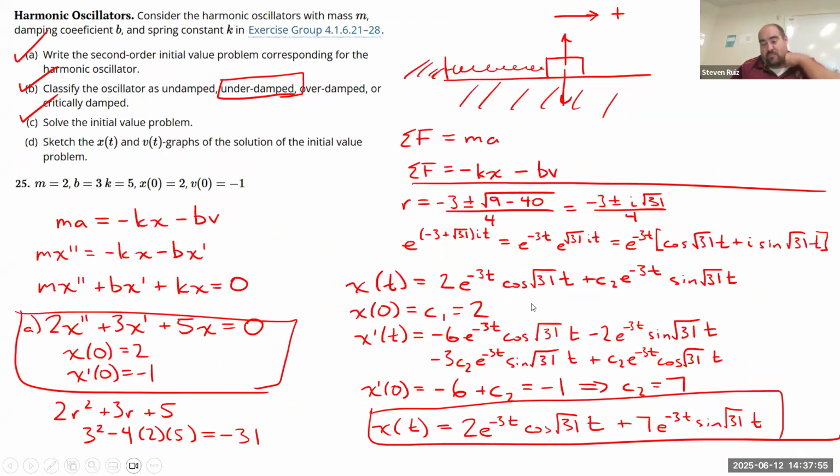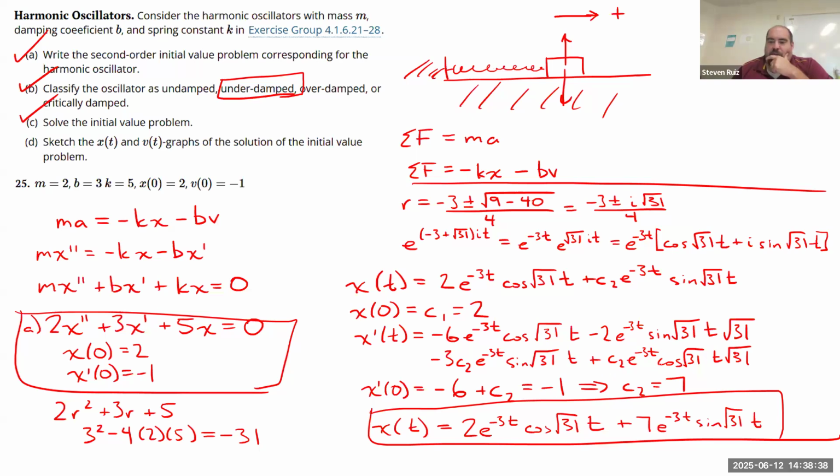So let's just revisit the whole derivative. Negative 6 e to the negative 3t times cosine radical 31t, minus 2e to the negative 3t times sine radical 31t times radical 31, minus 3 c2 e to the negative 3t times sine radical 31t. I think so. It's these two terms that require radical 31.